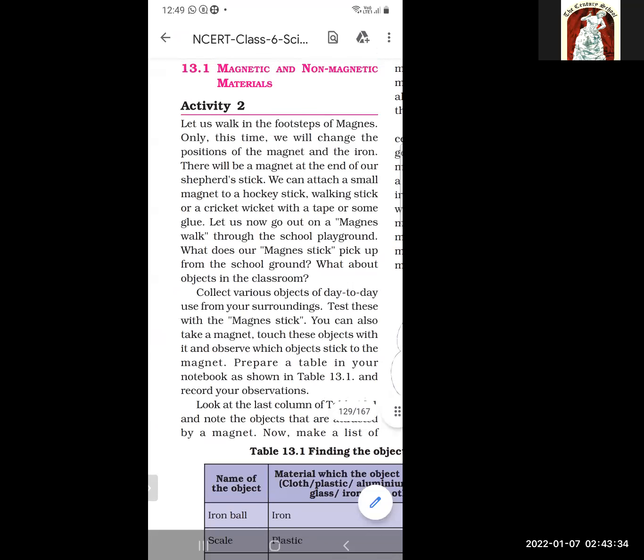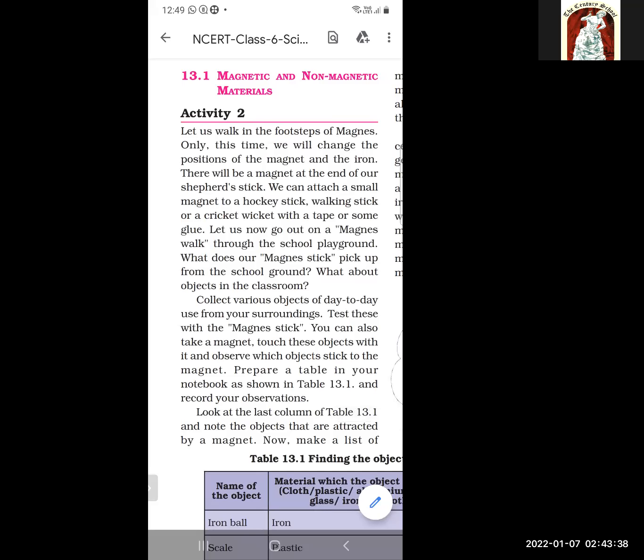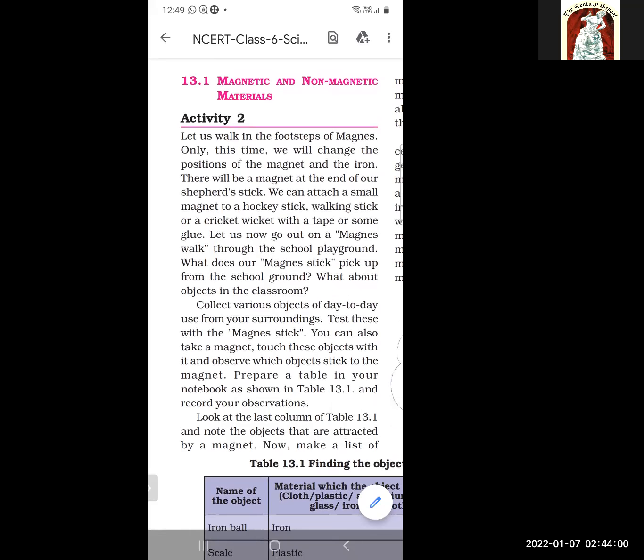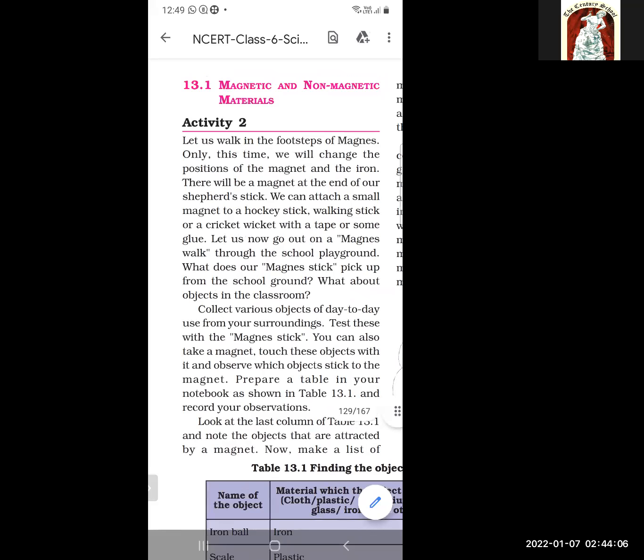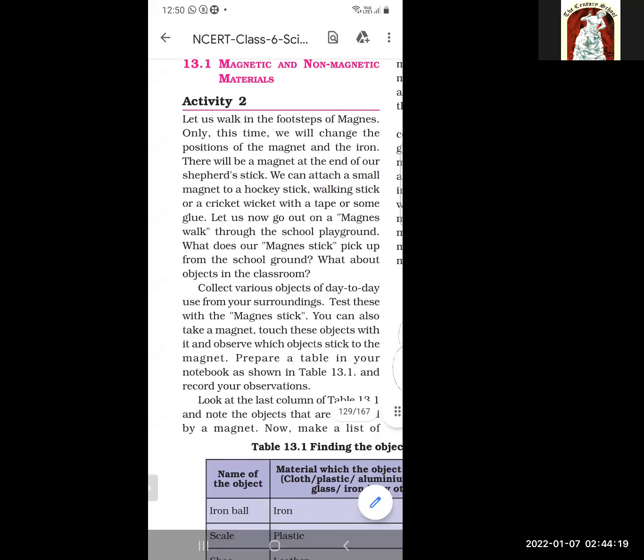What do you mean by magnetic materials, and what do you mean by non-magnetic materials? The materials which are attracted towards the magnet are called magnetic materials, and the materials which are not attracted by the magnet are called non-magnetic materials.